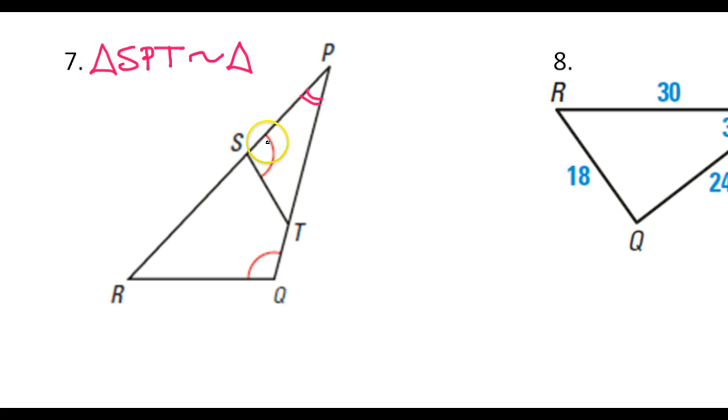S, see how it has the single mark? That's Q on the big triangle, so I'll do Q. And then I did P next. Well, that's the shared one, so that's definitely going to be corresponding. Now I've done Q and P, so that just leaves R. And these were similar by angle similarity.